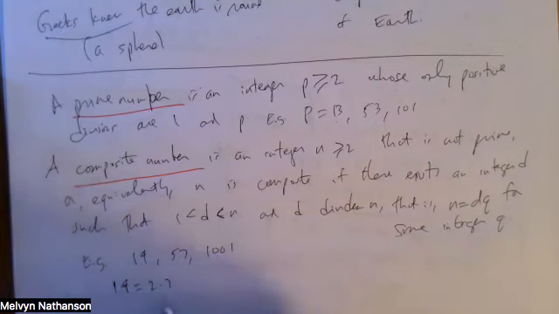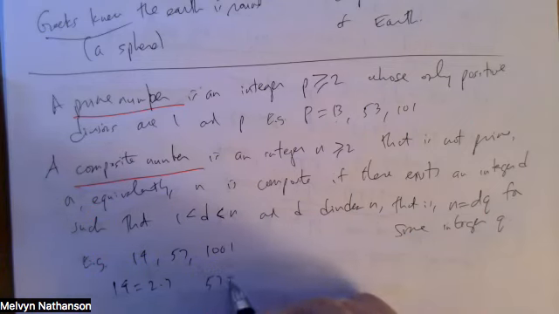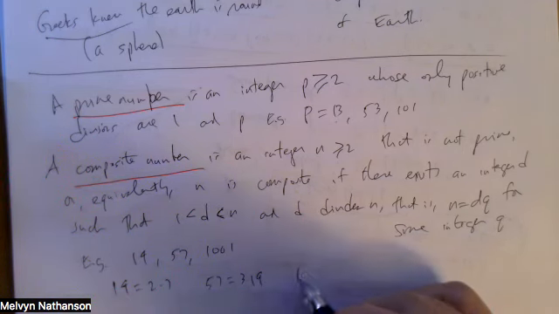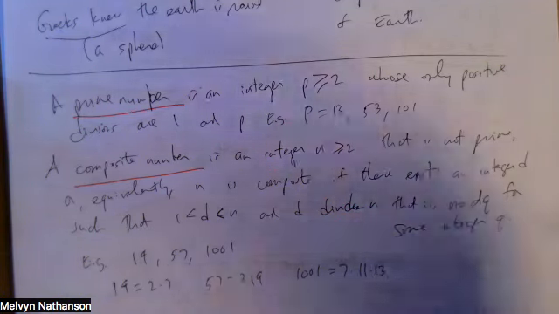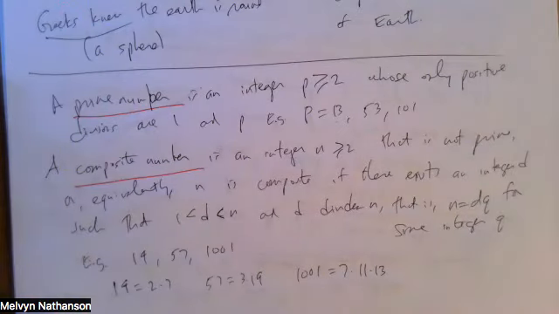So 2 and 7 both divide 14. 57 is 3 times 19. So 3 and 19 both divide 57, so 57 is composite. 1001 is trickier. I think 1001, if you multiply it out, is 7 times 11 times 13.